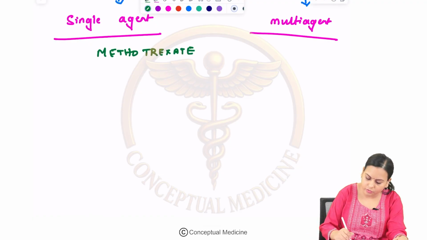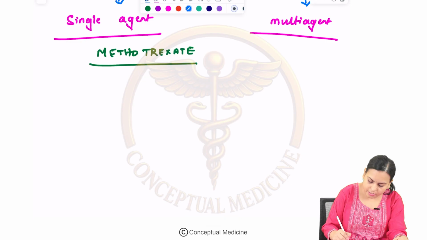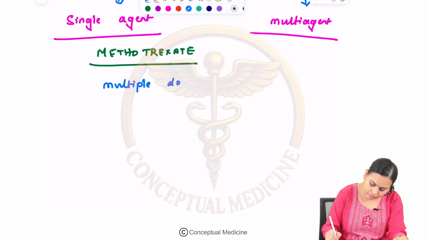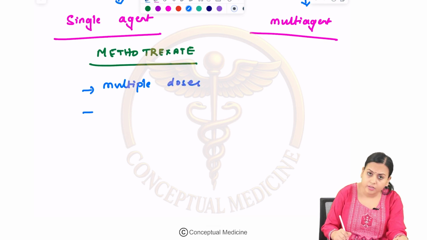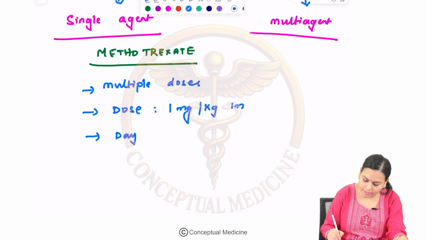So let's discuss the single agent chemotherapy and how it is given. It is usually given in multiple doses. The dose is 1 milligram per kilogram IM, given on days 1, 3, 5, 7.